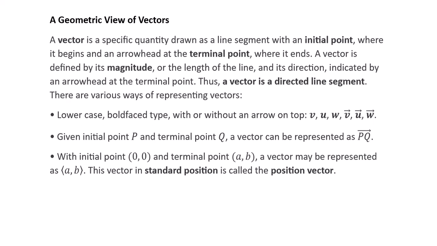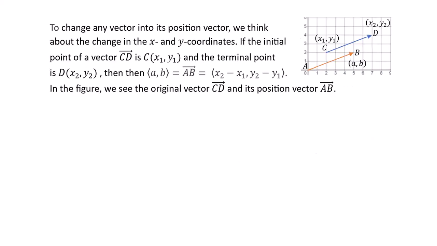With initial point 0, 0 and terminal point (a, b), a vector may be represented as angle brackets a, b. This vector in standard position is called the position vector. To change any vector into its position vector, we think about the change in the x and y coordinates.